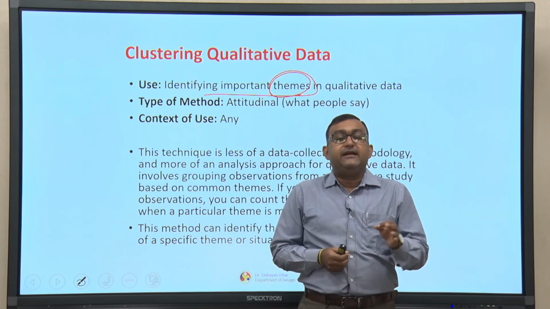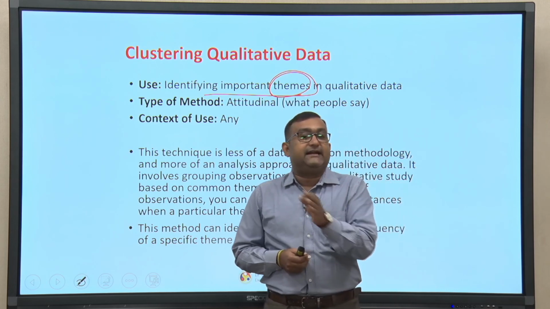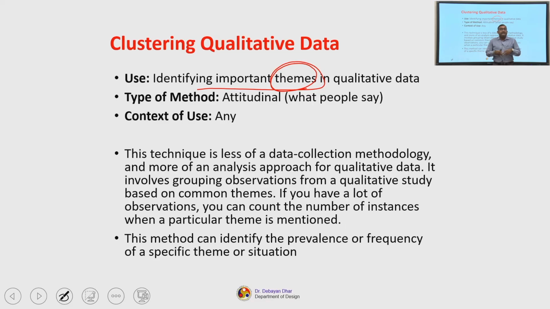So, this technique is less of a data collection methodology and more of an analysis approach, because you have the transcribed data. Now, you are trying to combine the themes to come up with major themes. So, it involves grouping observations from a qualitative study based on common themes.